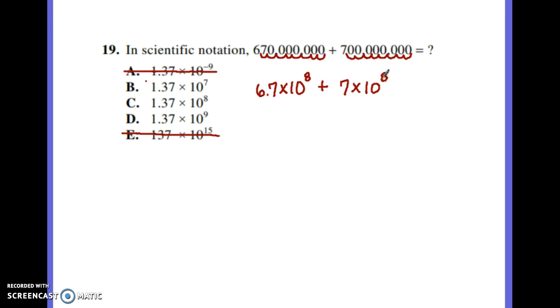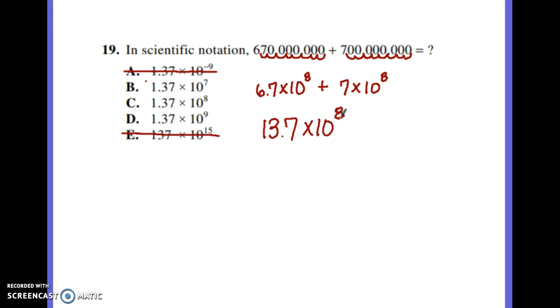And that's nice because this portion of our scientific notation is the same, and that will allow us to simply add our values together. So 6.7 plus 7 would be 13.7 times 10 to the 8th power.